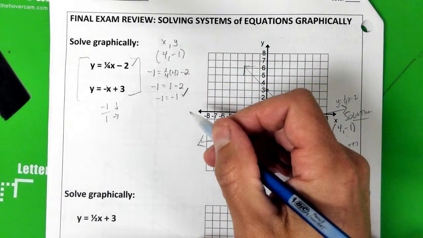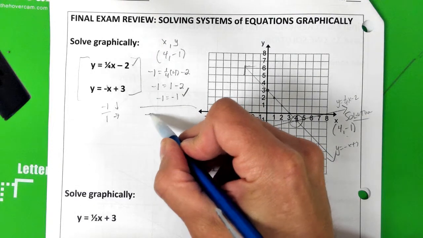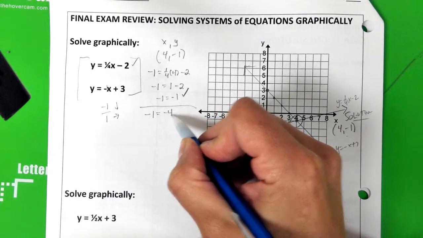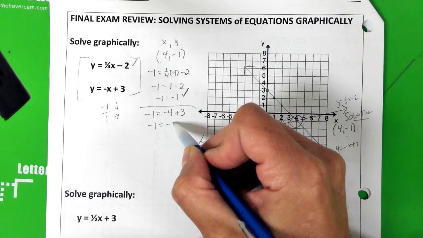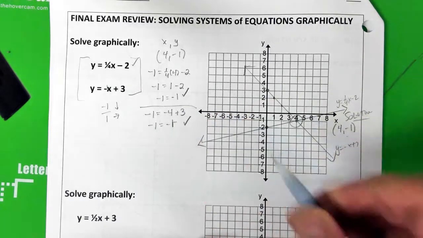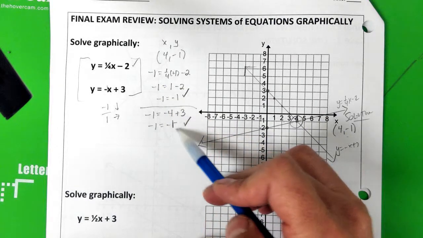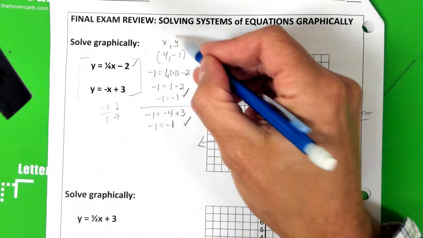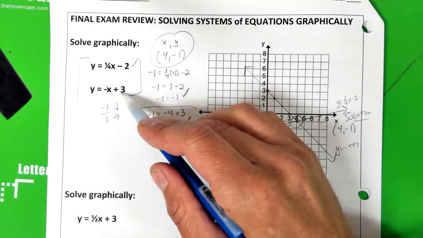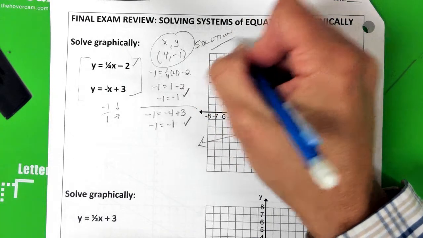So that would check. In the second equation, it would say -1 is equal to -4 plus 3. And -4 plus 3 is equal to -1. So we've just shown algebraically, by checking by substitution, that the point (4, -1) does in fact make both of these true, and thus is the solution to the system.